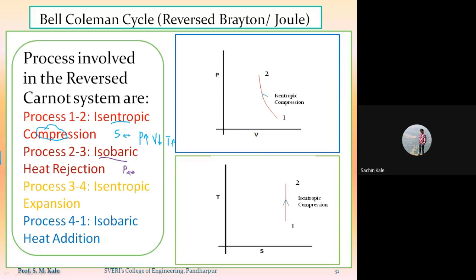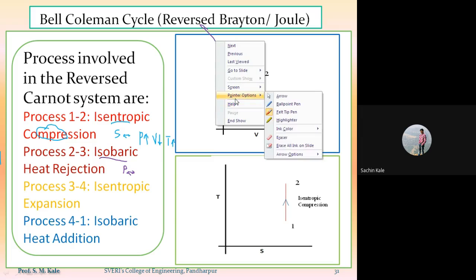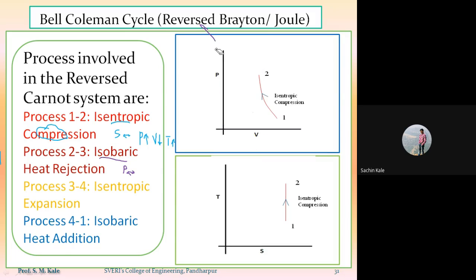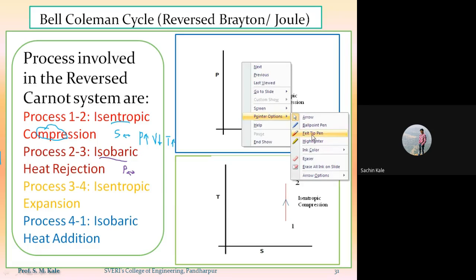So if pressure is remaining constant, from point number 2 I have to draw the constant pressure line.